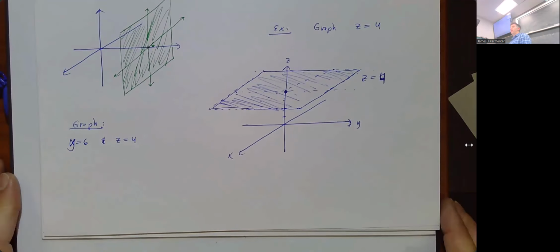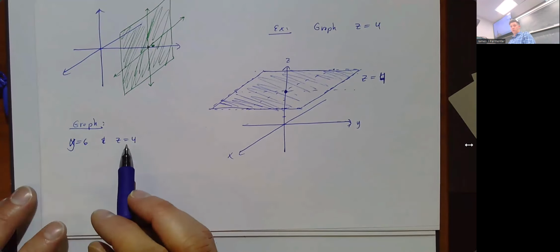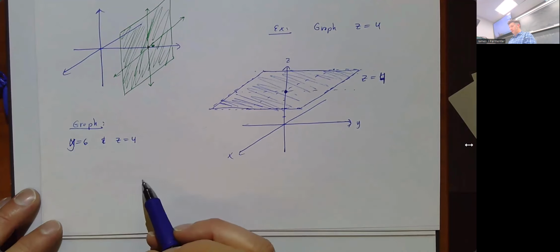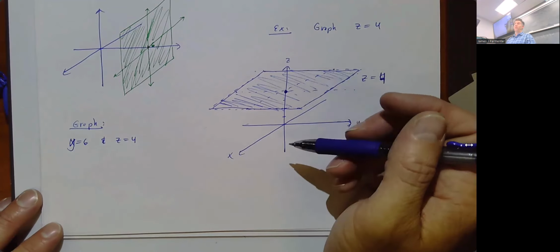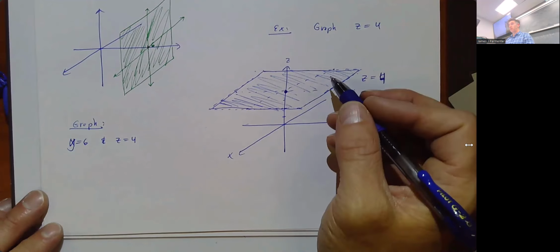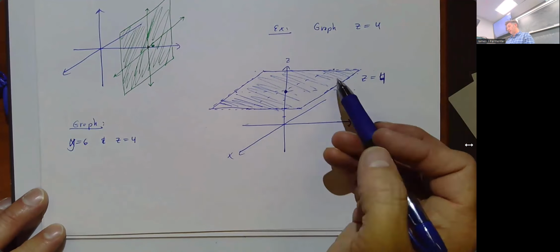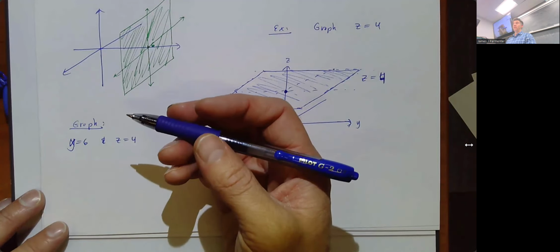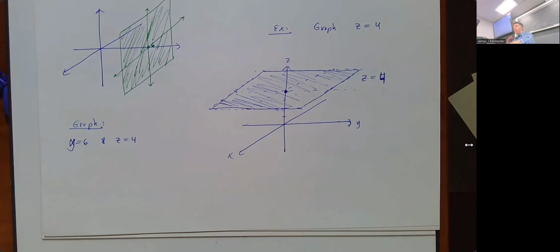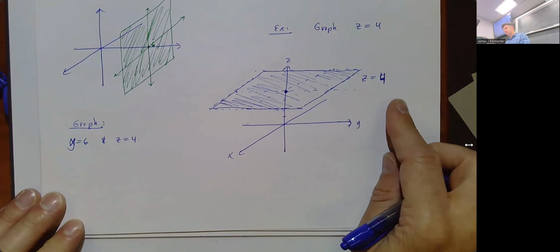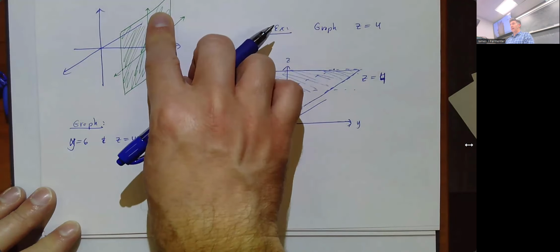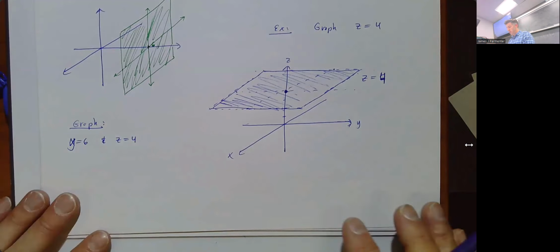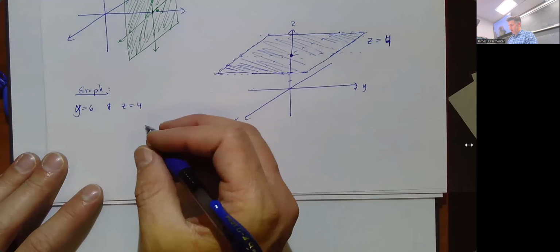We've already kind of graphed both of them, but now for both of these things to be true, we only have freedom in the x direction. So we're essentially taking where this plane and this plane intersect each other. Because on that line of intersection, z is 4, y is 6, and x still gets to be whatever you want. So let's see, I really don't want to draw it again, but I will.